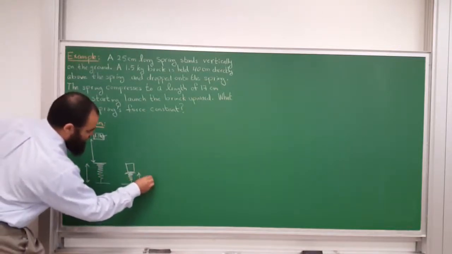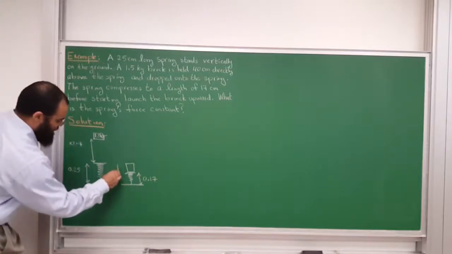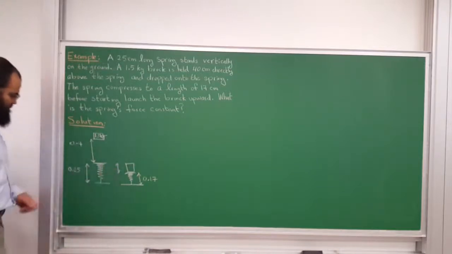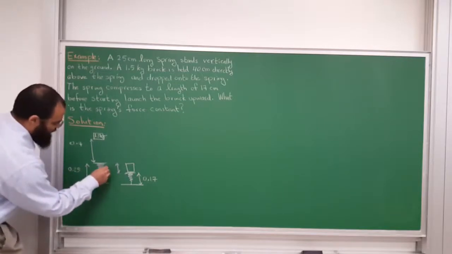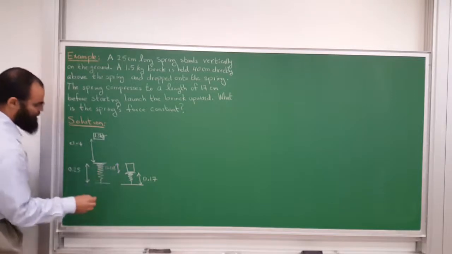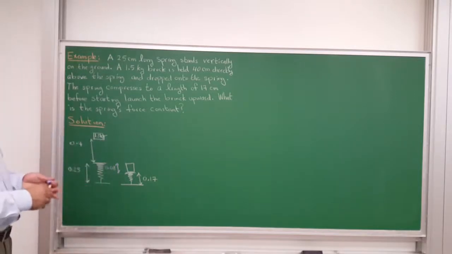This is 17 centimeters, 0.17. 25 minus 17 is what? 8, I think? Yeah, 8 centimeters, or 0.08 meters. All right, sounds good. And then it says, what is the force constant of the spring?